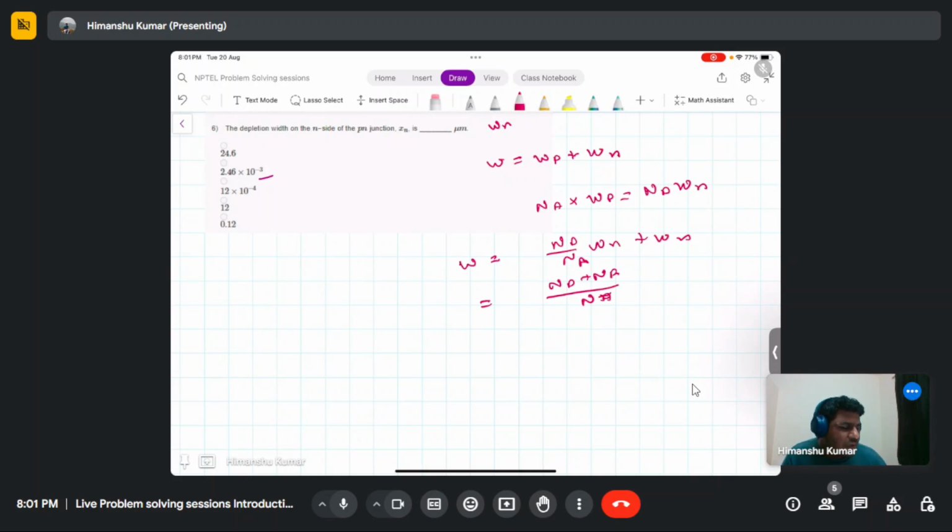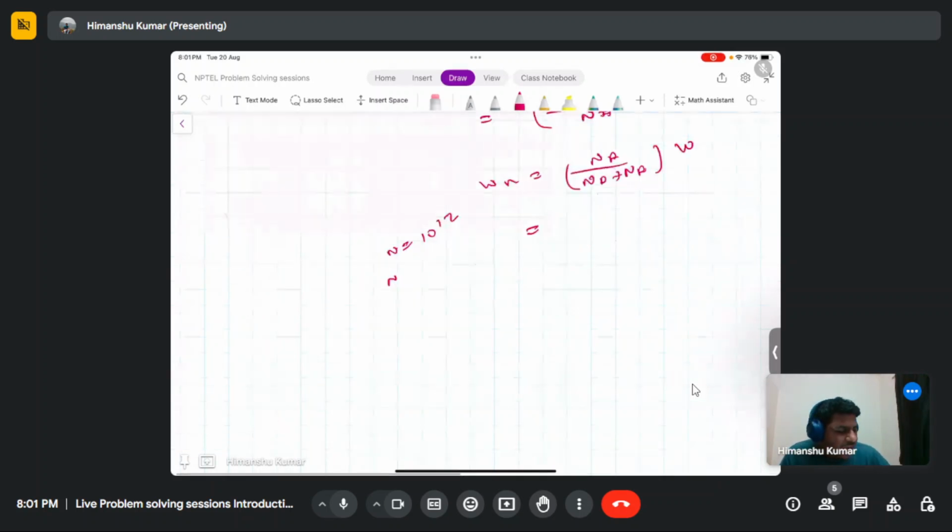times W. We are given Na as 10 power 12 and Nd as 10 to the power 16, and you can see that in the denominator you can neglect Na with respect to Nd.